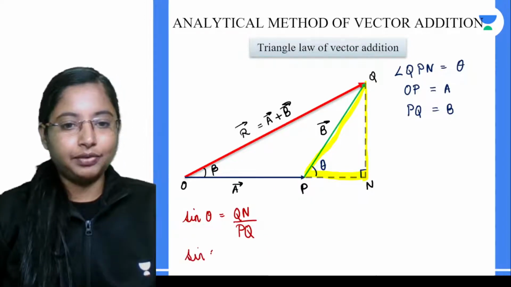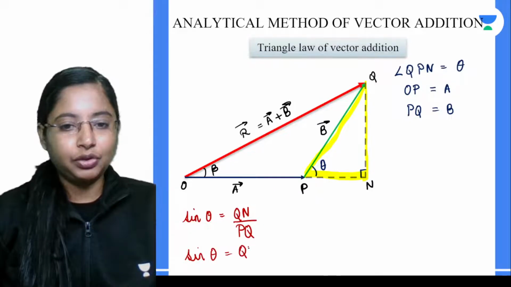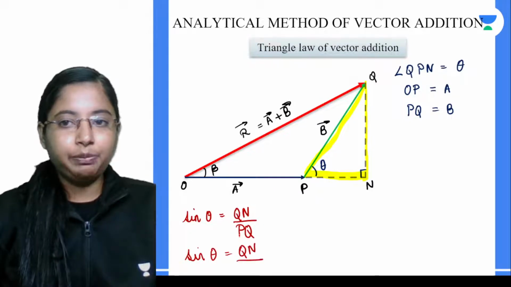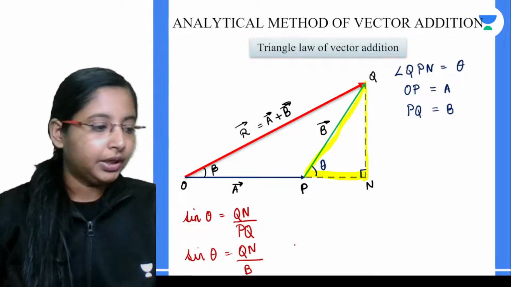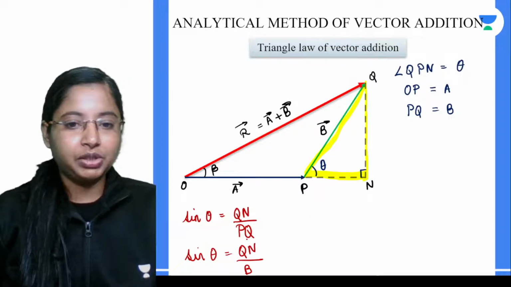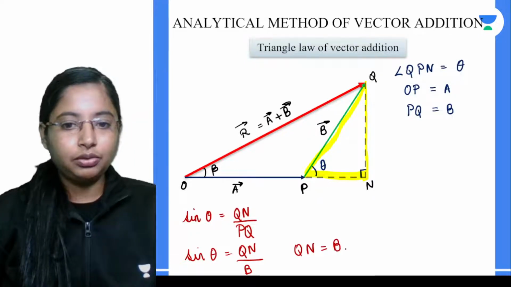Now sine theta, if you take, one side we have QN, then the other side PQ. What is the length of this side? This is nothing but B. So the first thing that we have gotten is, from this equation, this QN is nothing but equal to B into sine theta.